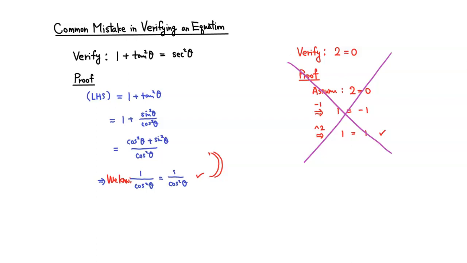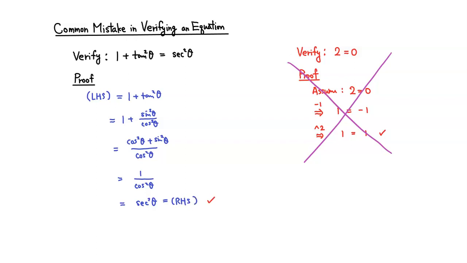Then you can conclude that this is equal to, again using a chain of equality, this. And then, without saying anything else here, we say okay, now we know that this is equal to, again still a chain of equality, secant squared of theta, which is the right-hand side.